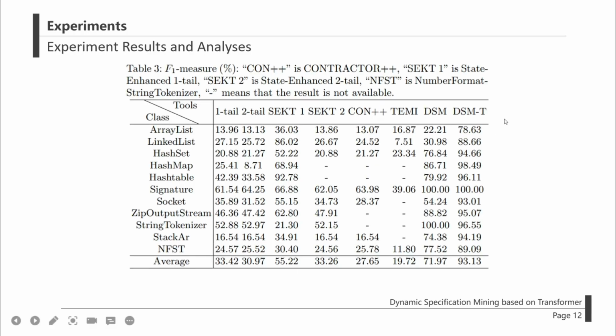We compare DSMT and DSM with other dynamic FSA inference techniques, including KTEL, ICKT, Contractor++, and TMI. KTEL stands for a trace-only strategy, which means that the model is inferred only from execution traces, and Contractor++ stands for an environment-only strategy, which means inferring the model only from the environment.